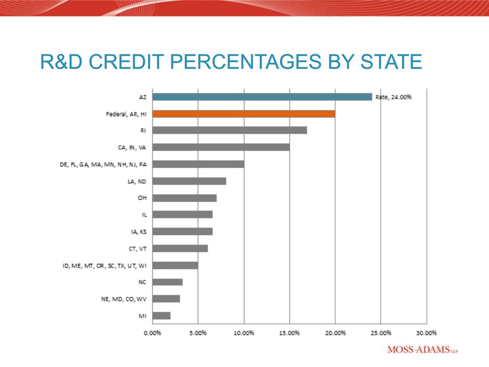Now, Arizona has a relatively low personal and corporate income tax rate of 4.54% and 6.9%, respectively, compared to other states like California that are much higher. But at the same time, Arizona still provides a very generous R&D credit with that 24% credit rate. So this commonly leads to situations where companies generate Arizona R&D credits that far exceed their Arizona tax liabilities.